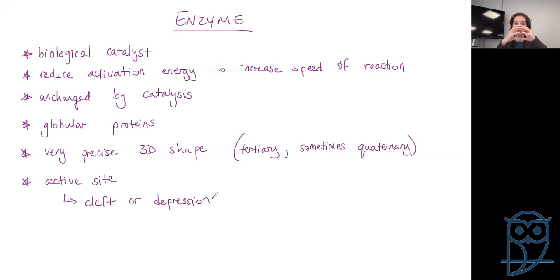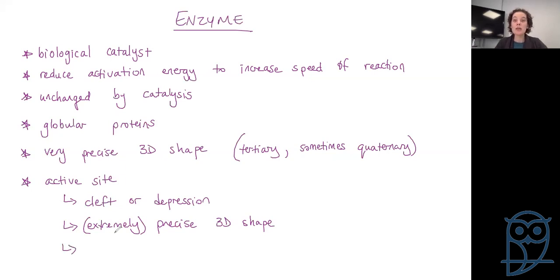So if we've got our globular protein, the active site dents in. So things can fit into the active site. Okay, the active site has an extremely precise shape. You wouldn't say extremely in your exam, you would be nice and clear and technical, precise 3D shape.